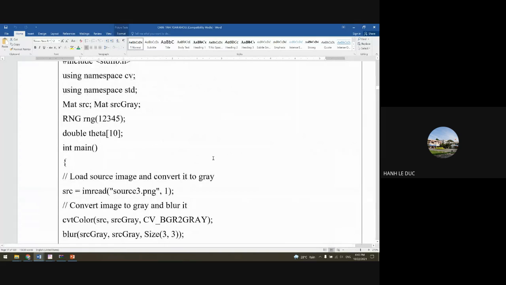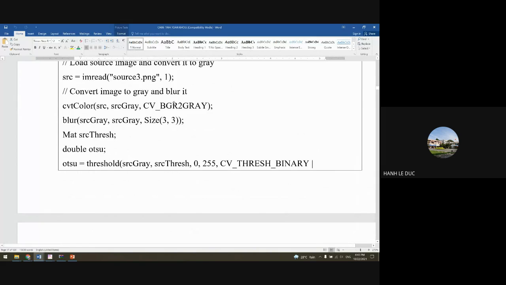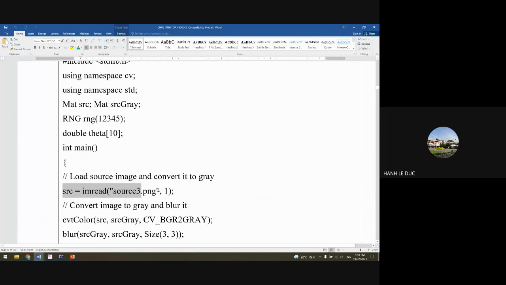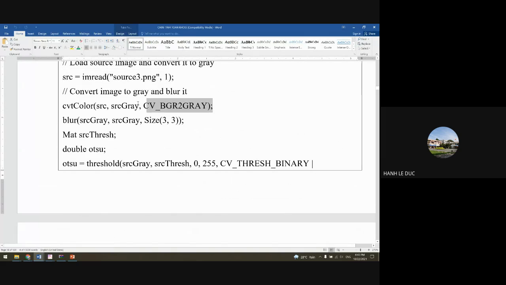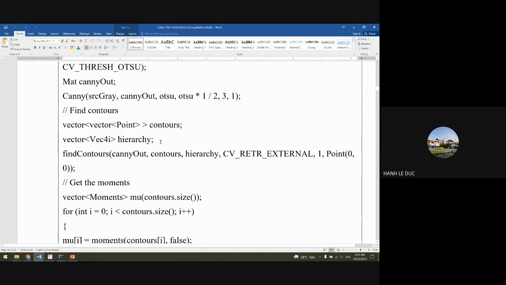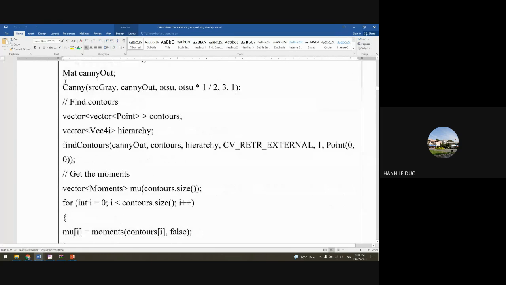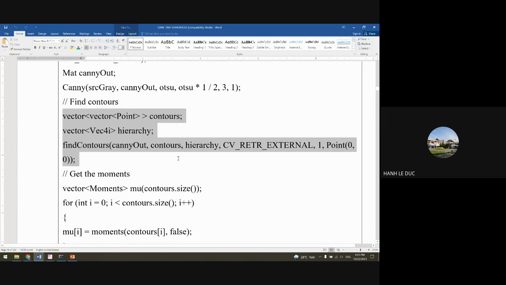First, you load the image and change it to grayscale. And then this is optional. And then you do the threshold, and then you do the Canny. And then this is the procedure to find the contour using the find contours function. After this step, you have the contour parameters here.